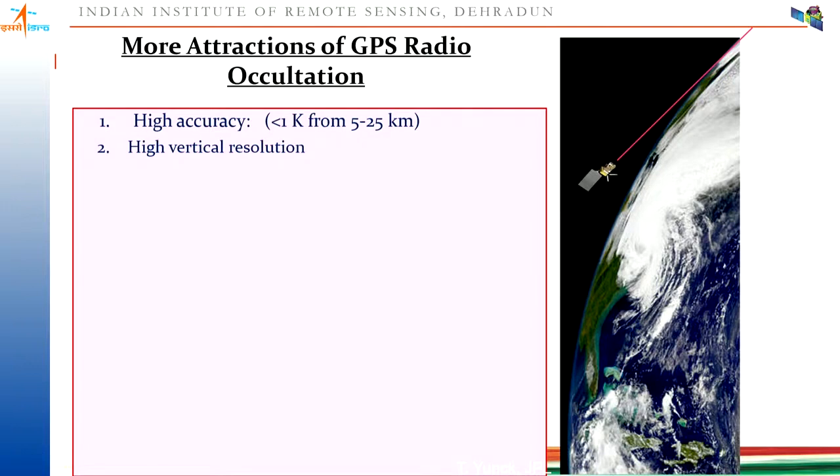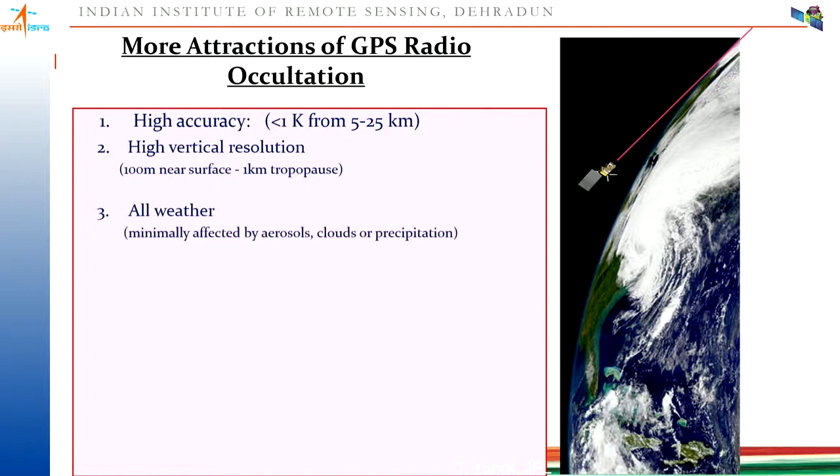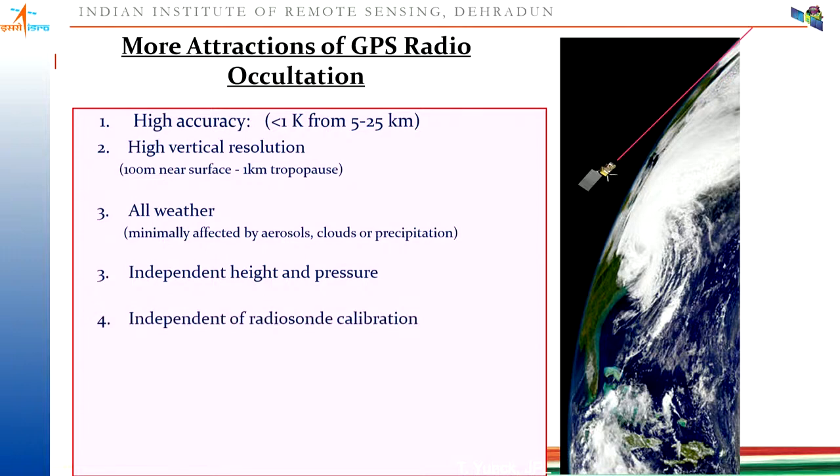Why is this important? As we discussed in the beginning, it's highly accurate, with high vertical resolution, around 100 meters near the surface, and it works in all weather. It's not affected by clouds, aerosols or precipitation. It is independent of height and pressures, independent of radiosonde calibrations, has no instrument drift, and it is not costly also.